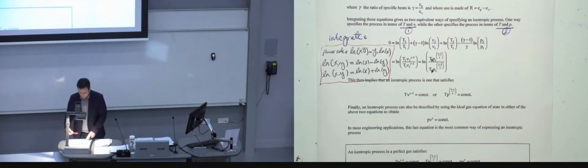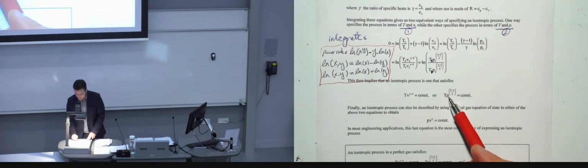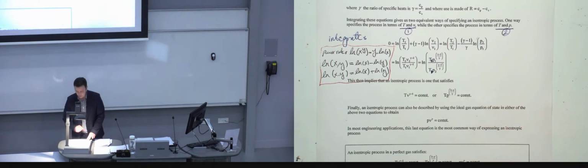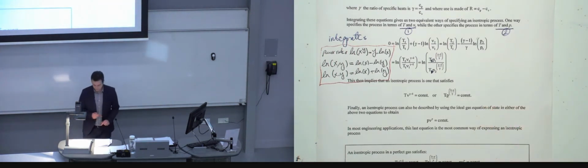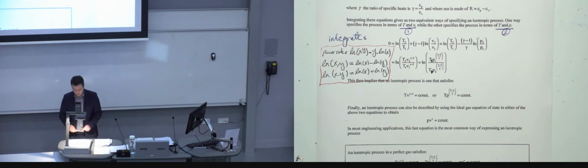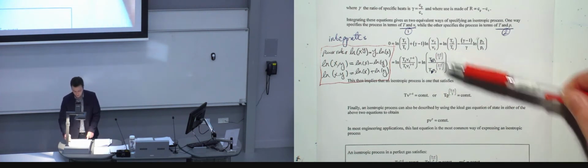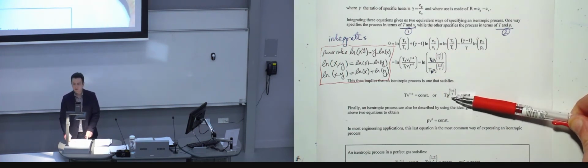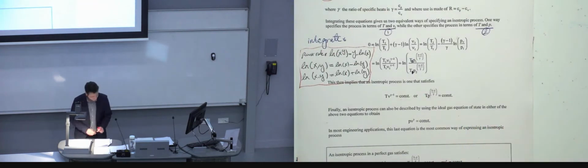But if you do the proper rearrangement of the equations, you get T P to the power of (1 minus gamma) over gamma equals a constant. Now, would you be able to move from this point to this point, or do you want me to show step by step? Show? Okay. We may as well, because it's so important.